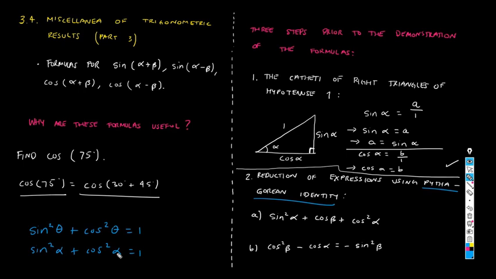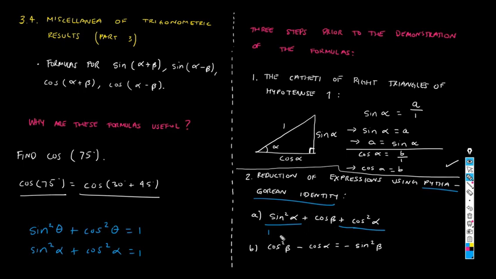Okay, so how can I use this property that we have already talked about in here? Well, look at this. We have sine squared of alpha plus cosine squared of alpha, and that's equal to 1. So basically, I can write this and this reduced to 1.